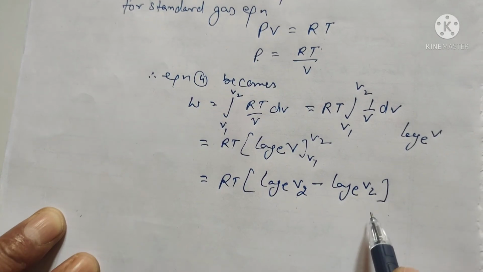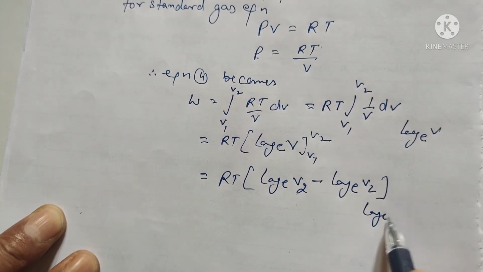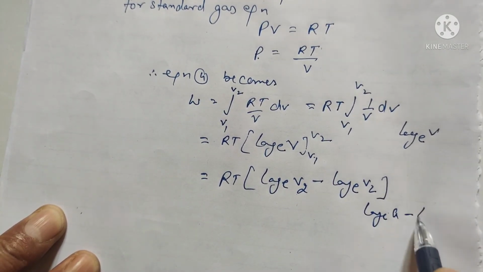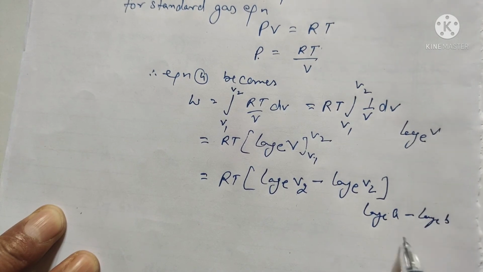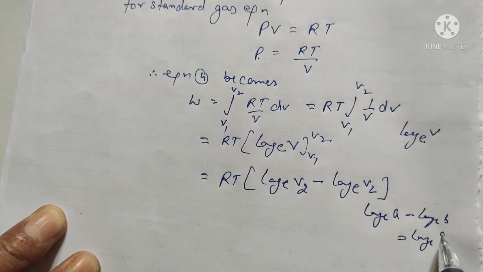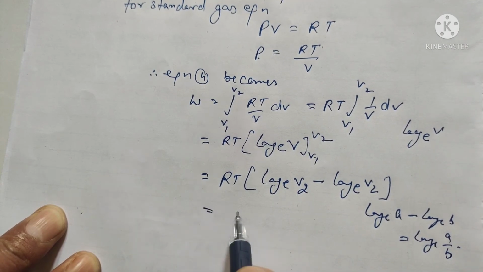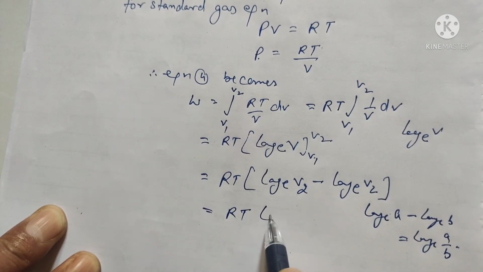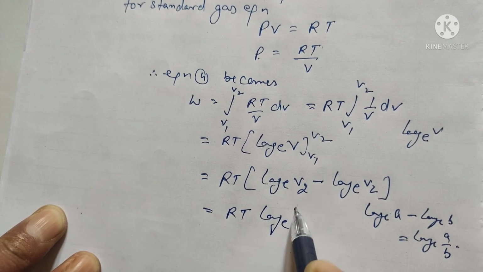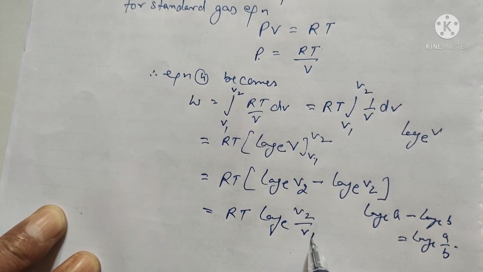We know that log of base e A minus log of base e B is equal to log of base e A over B. So this becomes RT log of base e V2 over V1.